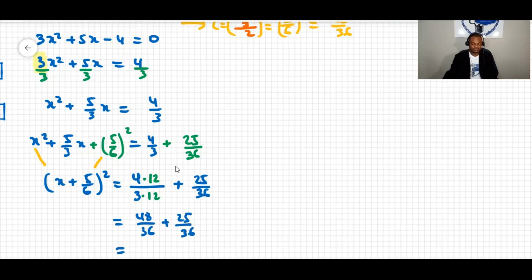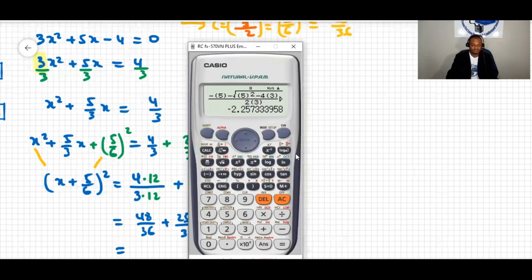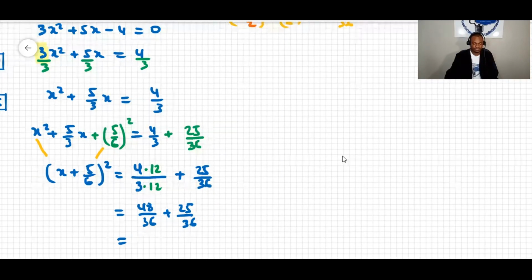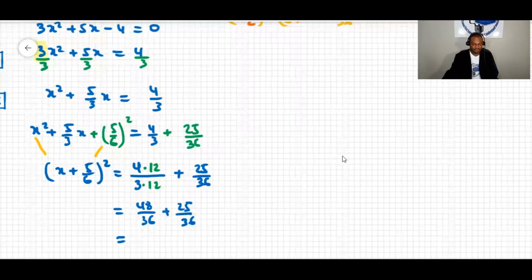Since we have the same denominator, we can just add the numerators: 48 plus 25 makes 73. So this is equal to 73/36. So over here we have (x plus 5/6) to the power of 2.